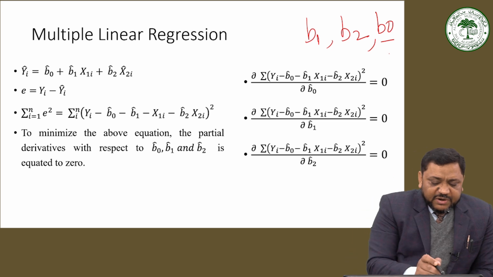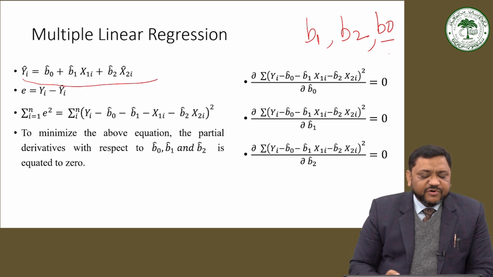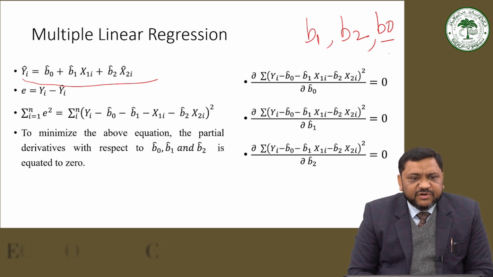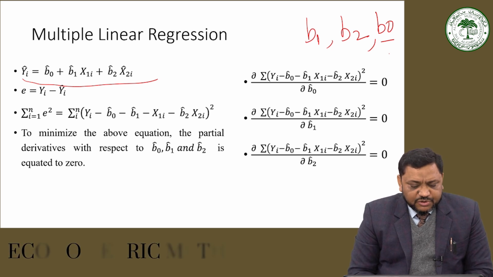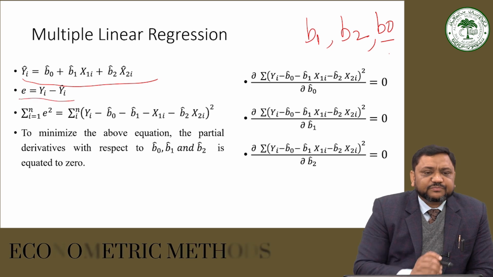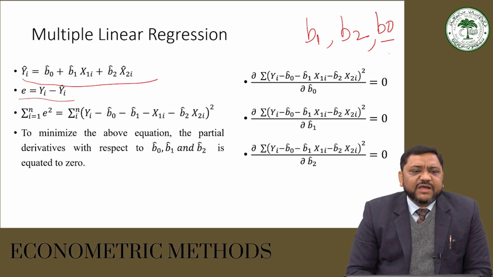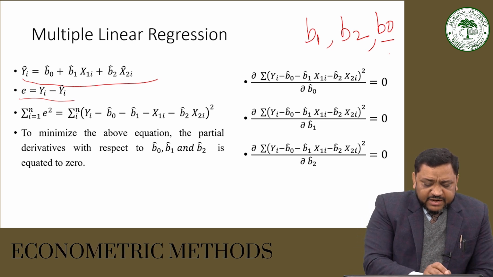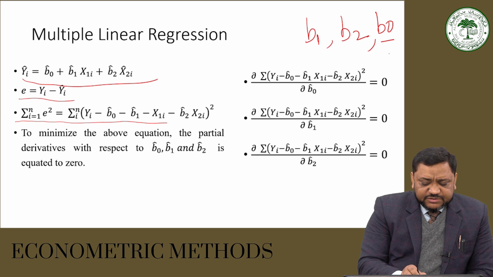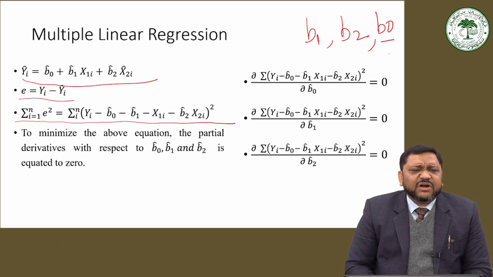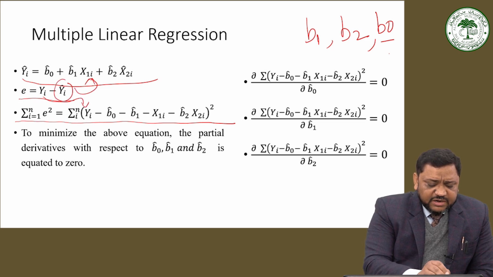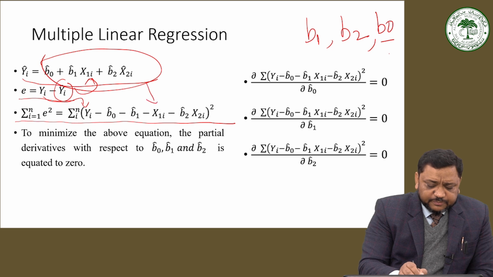So now we have this multiple linear regression form, that is, yi hat is equal to b naught hat plus b1 hat x1i plus b2 hat x2i. If you take the error term, what is the error? Error is yi minus yi hat. Now we can write this error based on our earlier logic: we write yi and put the entire yi hat expression over here.